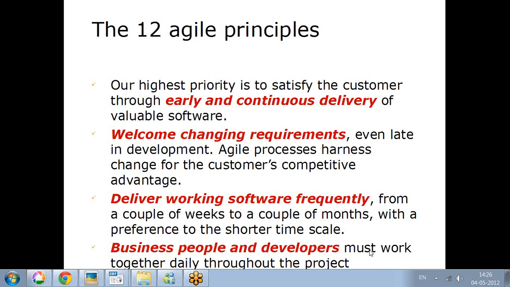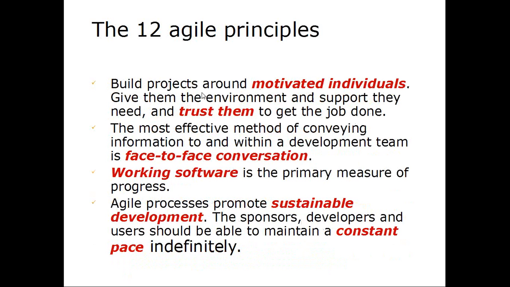So ideally they should be co-located, but in an outsourced environment that co-location may not happen, but then still they should work as a unit. The product owner, the Agile project manager or Scrum Master, and the team members, they should work as one cohesive unit. Then only Scrum, or Agile, can be implemented. We build projects around motivated individuals, give them the environment and support they need, and trust them to get the job done.